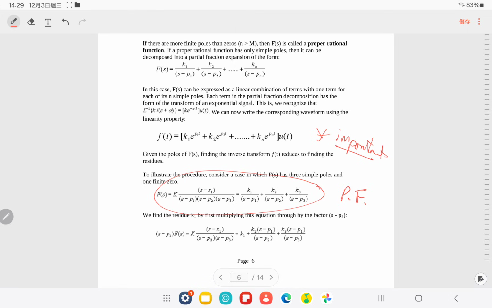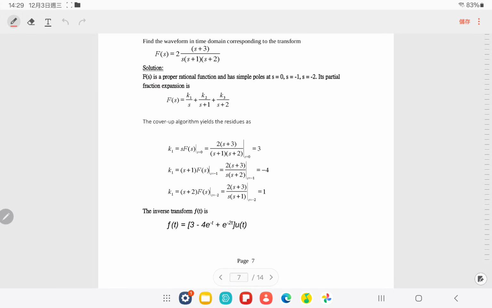You need to know partial fraction expansion, and from there onwards, after the expansion, how to find the Laplace inverse transform. So this is very important. This is a very important example. Make sure you understand this.